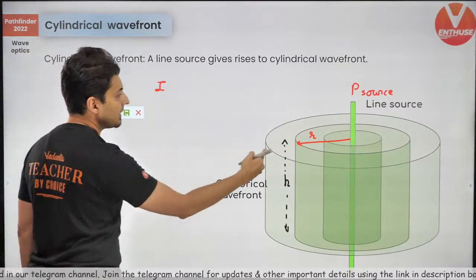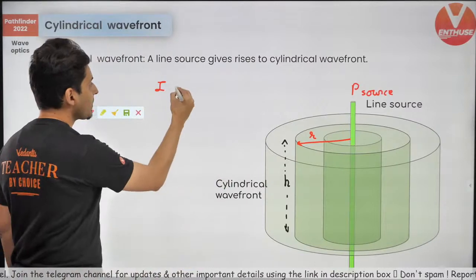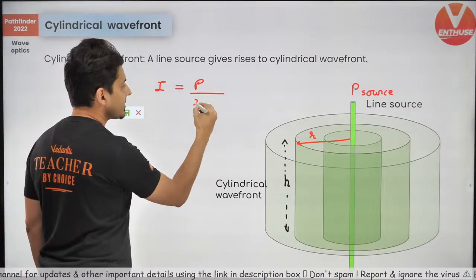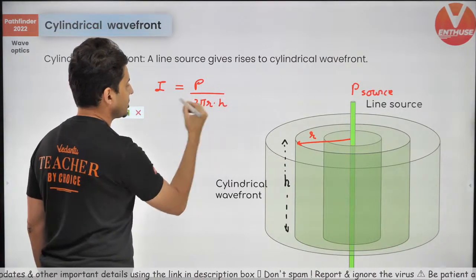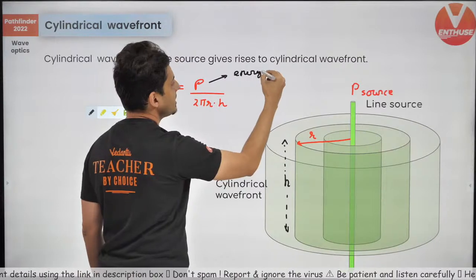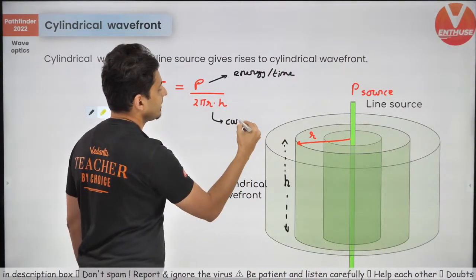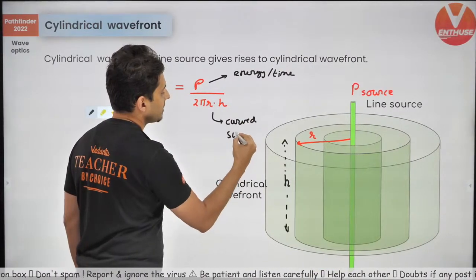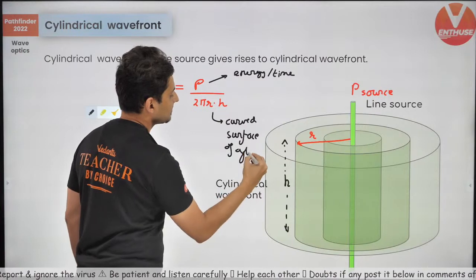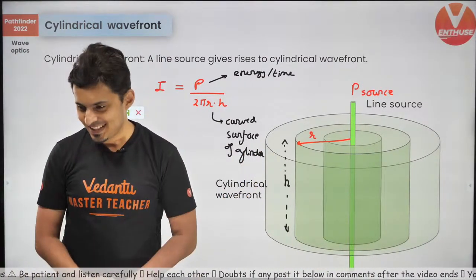So the intensity over here, because it's now distributed on a larger area, will be power divided by that area. That area is 2 pi r into h. So the numerator always will have energy per unit time which is flowing, and this is the curved surface area of a cylinder. Okay, I hope that makes sense.